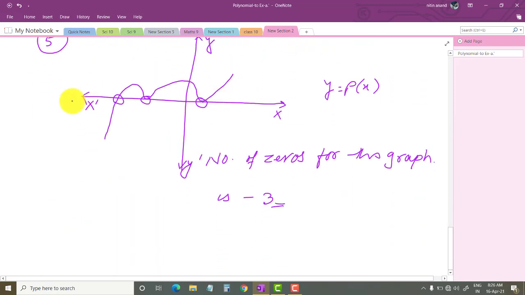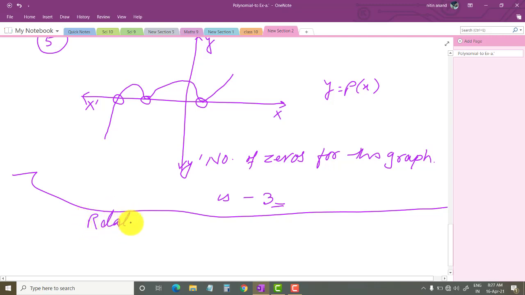We draw a line and now we start the relation between zeros and coefficients of a polynomial.